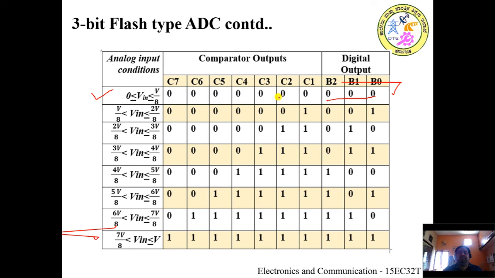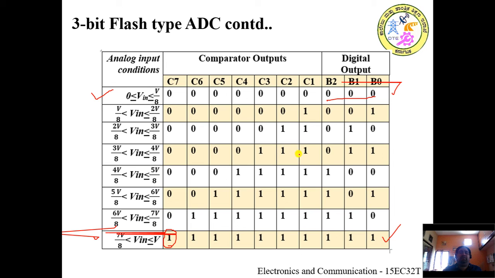So with all ones, since C7, the comparator 7 output, has got the highest priority, as per this priority function, the priority encoder provides an encoded output as 1 1 1. So this is how 3-bit flash type of ADC works.